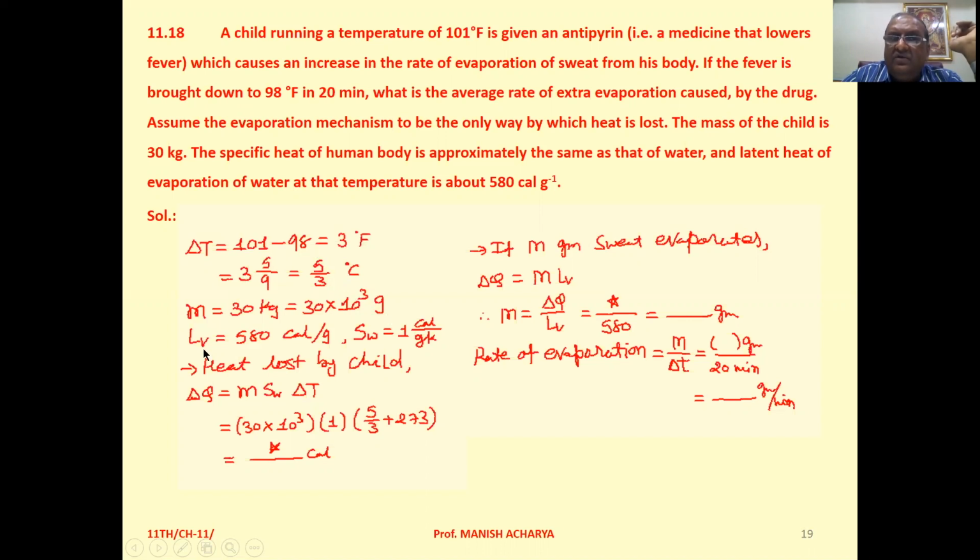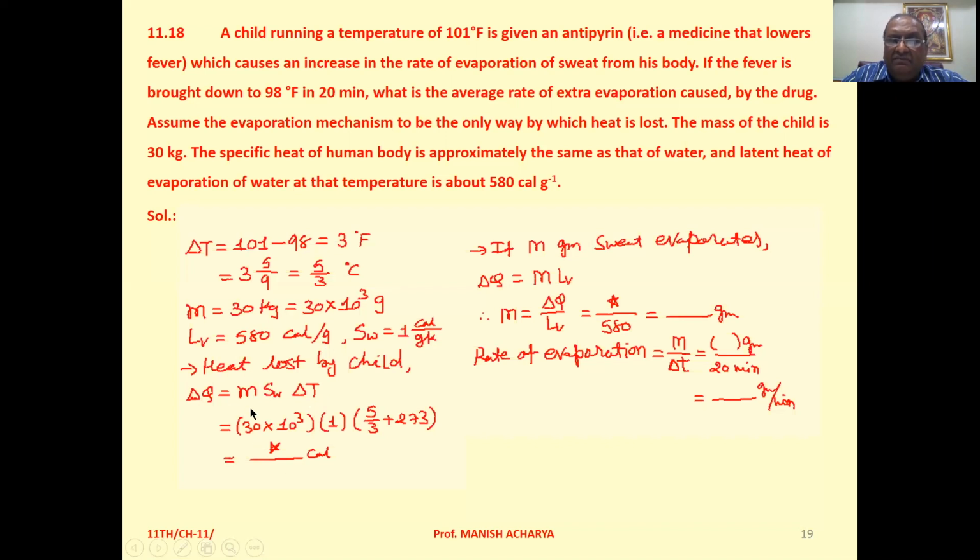Now latent heat of vaporization, that is 580 calorie per gram, and specific heat of water, that is 1 calorie per gram Kelvin. Now heat lost by child, because the temperature of child is decreased. So heat lost by child, that is delta Q equal to mass of child, specific heat of the body, that is equivalent to the specific heat of water, and change in temperature.